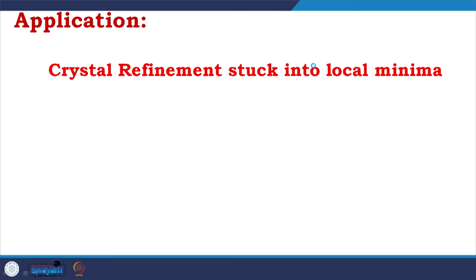Crystal refinement getting stuck in a local minima. If you remember, I talked in detail about the R factors. When you perform minimization in each cycle, you observe a minimization of the R factor. So, your journey starts at 0.6 to 0.7, 60%, 70%, and you have to achieve 0.2.